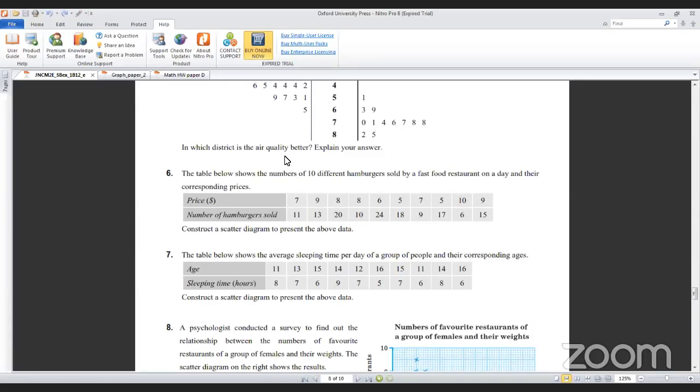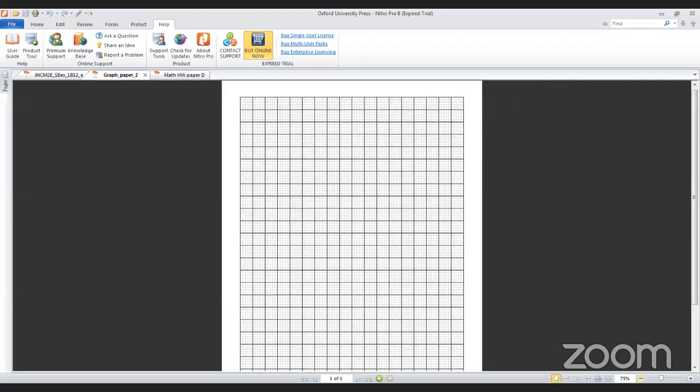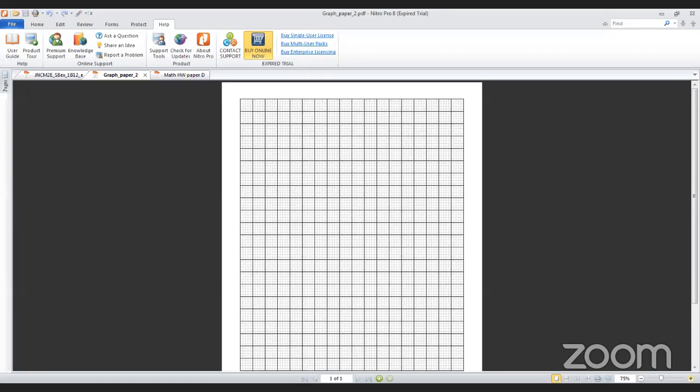Let's see. Now, if you look at the data, if we use the horizontal axis for the height, then we need quite a lot of space.